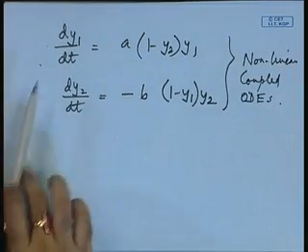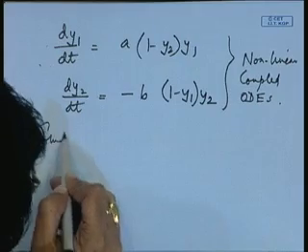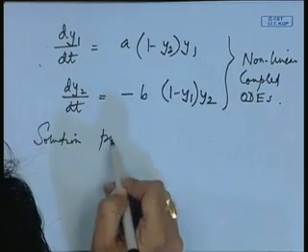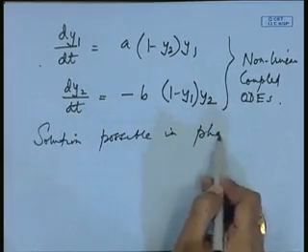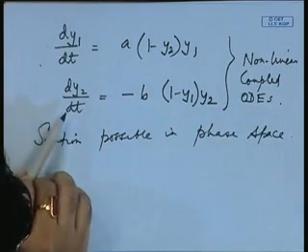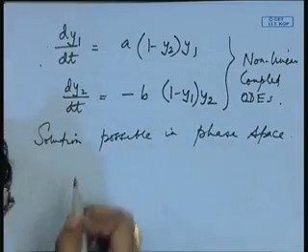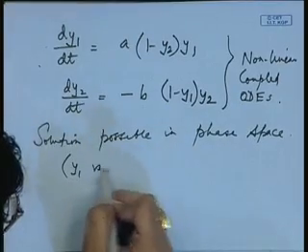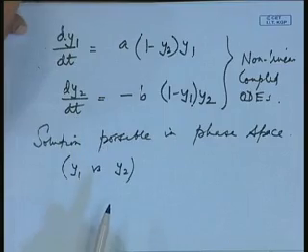The answer is no, I cannot solve them as it is, but I can solve them in what is known as solution possible in phase space. So, not in the time domain, but in the phase space, that is y1 versus y2 space. So, that is where solution is possible.